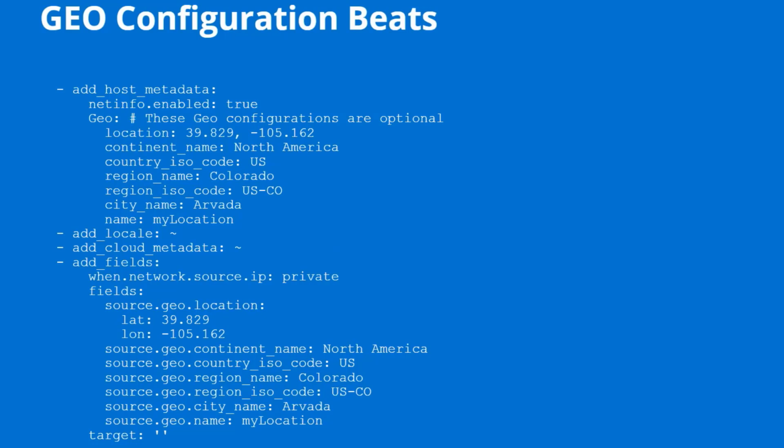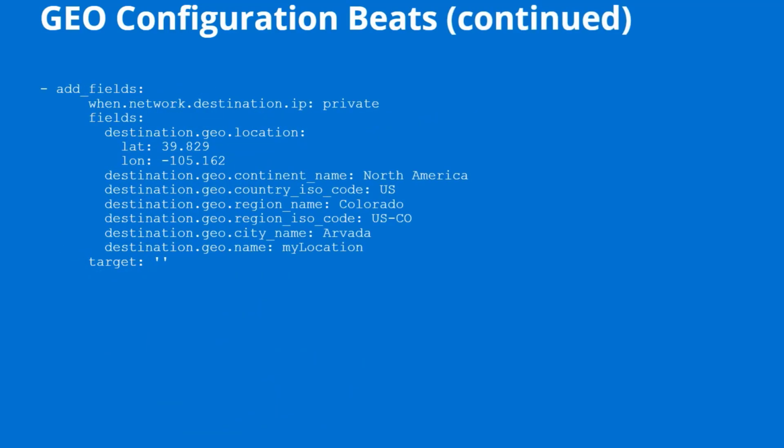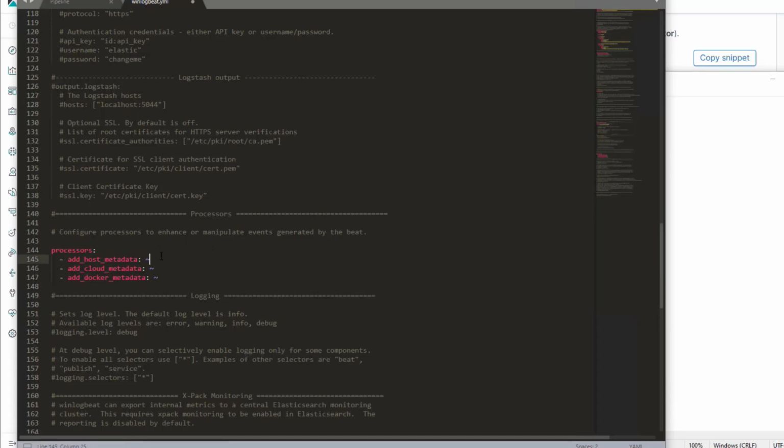So what I did is go to a website and look up my longitude and latitude based on my house address, and then fill in the location by latitude and longitude, the address, and the region name. So I live in Colorado. My city is Arvada. And this isn't really my house, but it's pretty close to it. This is additional information that we're enriching and providing to Elasticsearch.